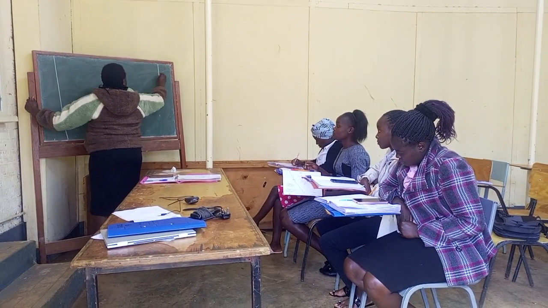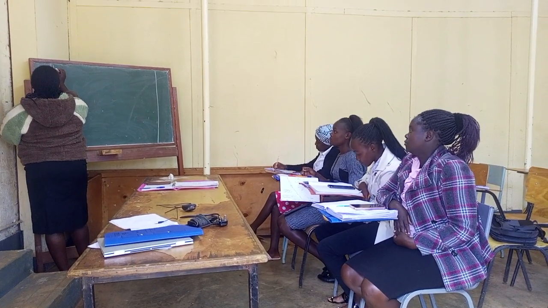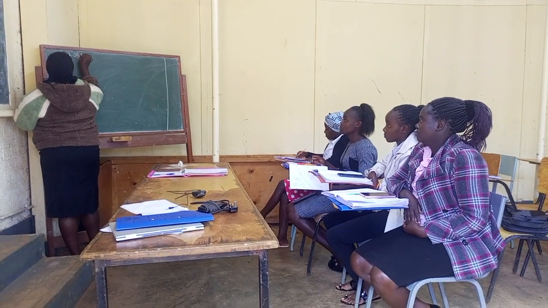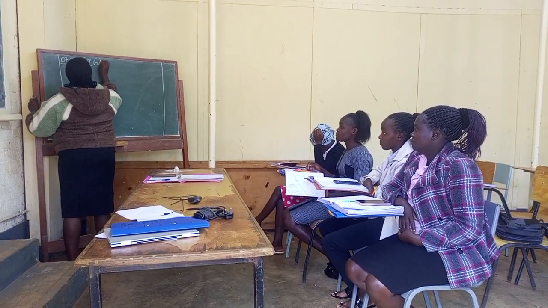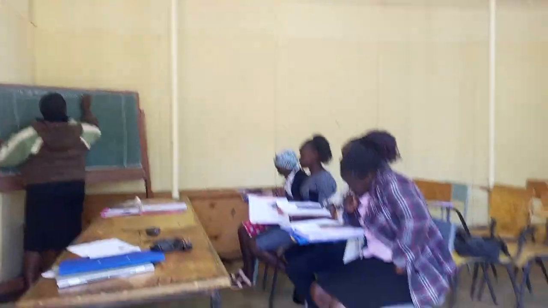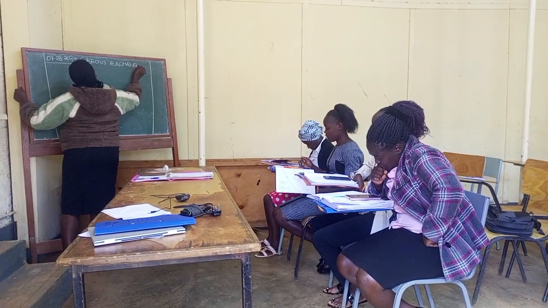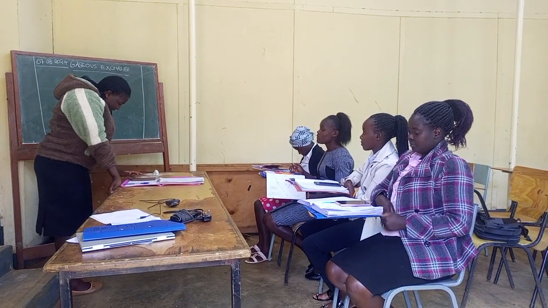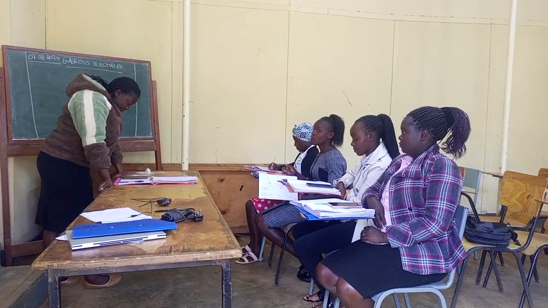Okay, today we are going to continue with our topic, that is gaseous exchange. In the previous lesson, we learned about the process of gaseous exchange in both plants and animals.